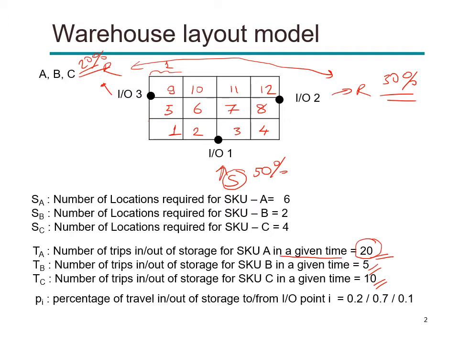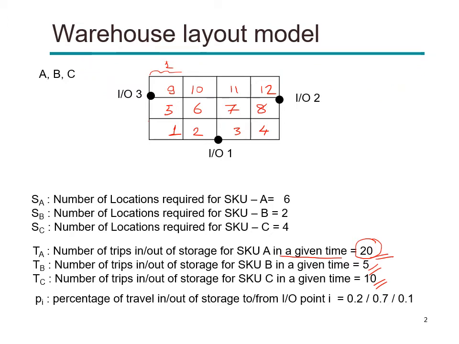Or sometimes all doors are used for both storage and retrieval, so they are not separated as storage and retrieval operations. But it is said that, as in this example, for example, 20% of all storage and retrieval operations are performed here, 70% are performed here, and 10% are performed here.